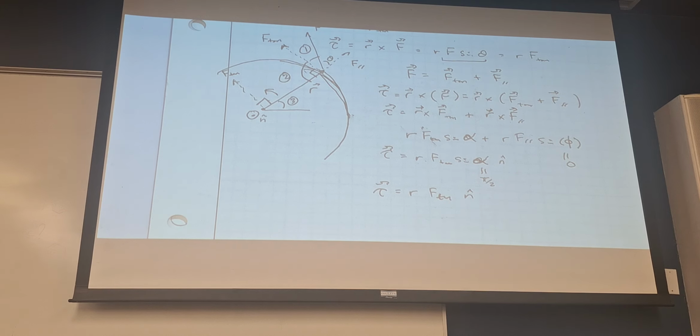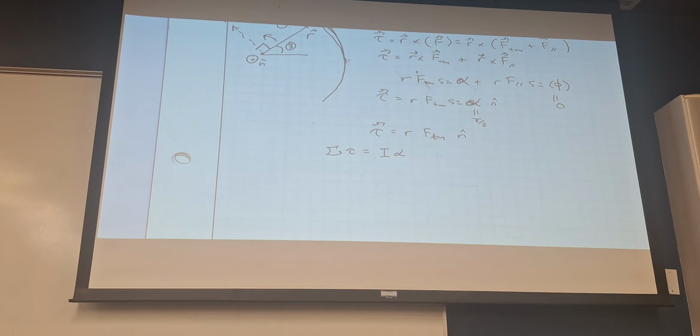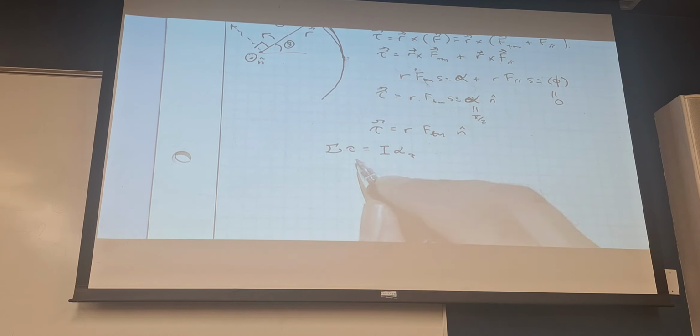And a little summary of relationships here. We found that the sum of all torques is equal to I alpha, and you have to pick a direction of rotation. A lot of times people just choose Z. But this could be, in general, really, any direction. This vector could be pointing in any direction, and you're just looking at the rotation about the axes.